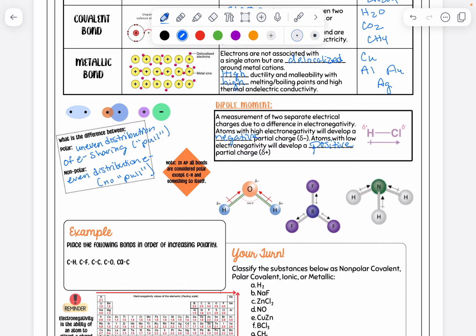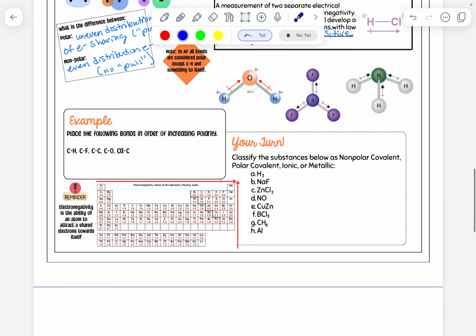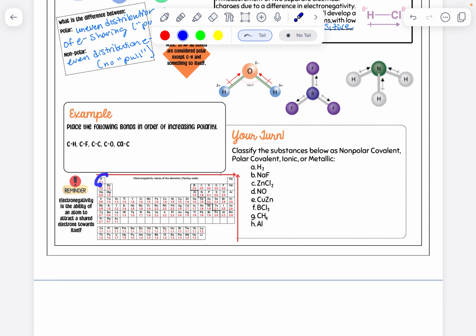And again, this is only between covalent bonds when electrons are shared. So an example over here is hydrogen and chlorine. Hydrogen, as we can see here on our periodic table, has an electronegativity of 2.1, and chlorine has 3.0.